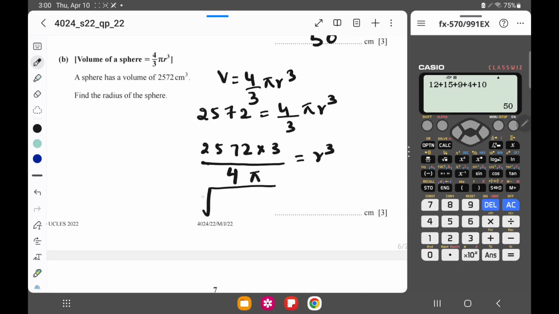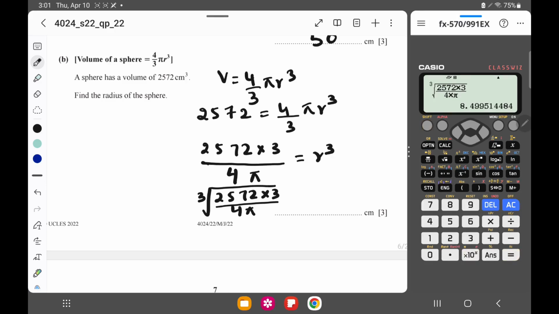So that is cube root of 2572 times 3 divided by 4 pi. So just calculate that. It is cube root of 2572 times 3 and then divided by 4 times pi.